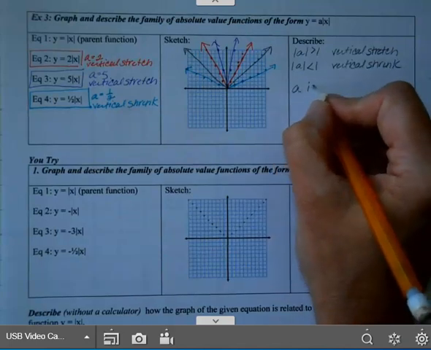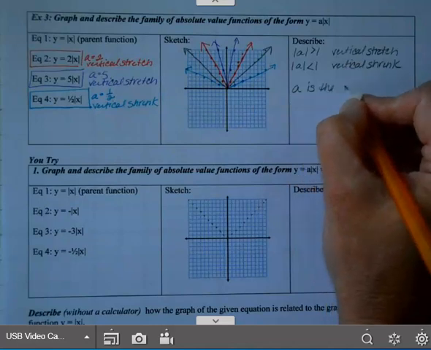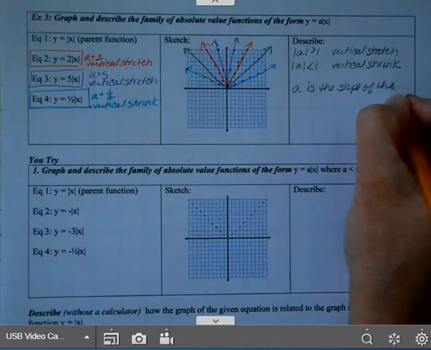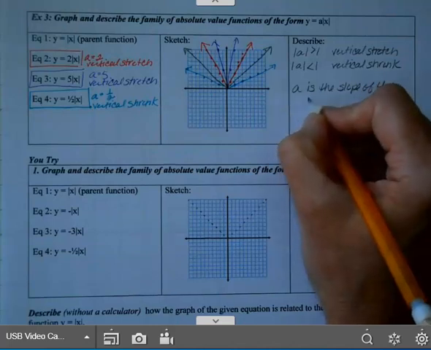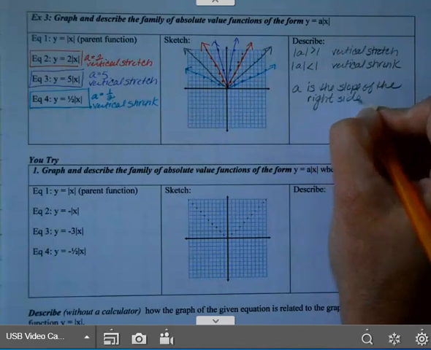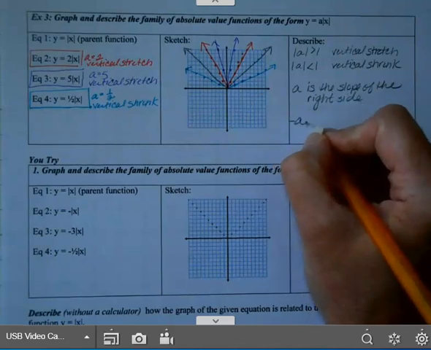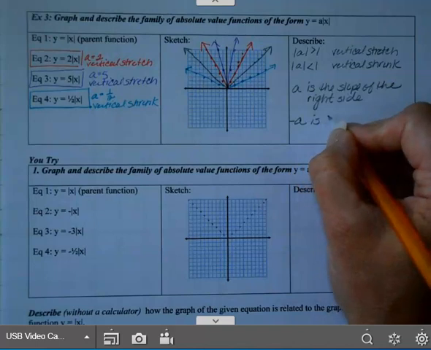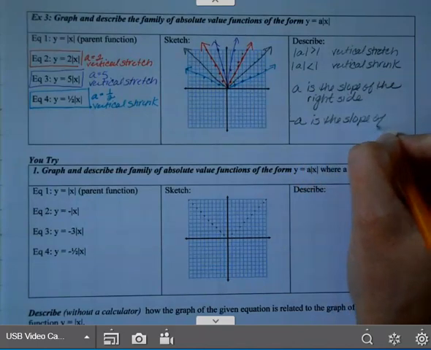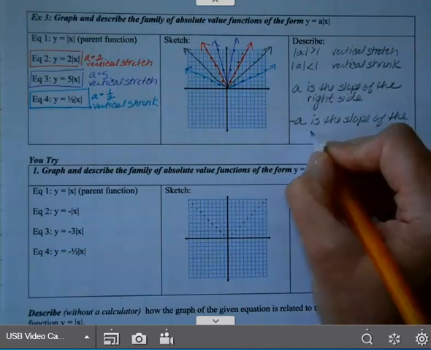A is the slope of the right side. And the opposite of A is the slope of the left side.